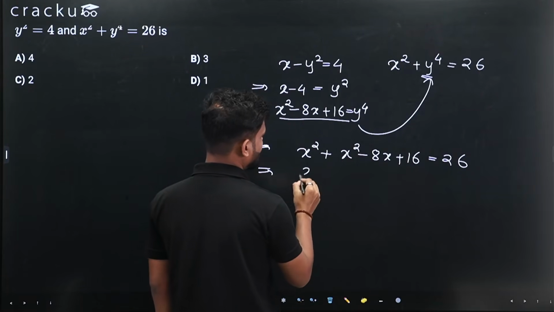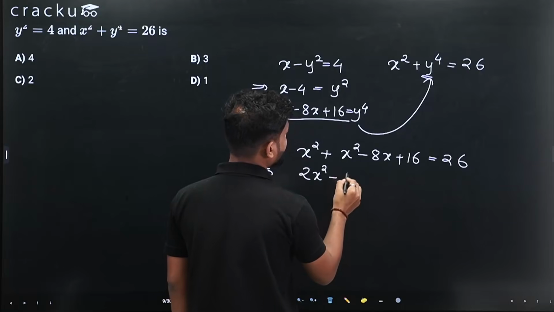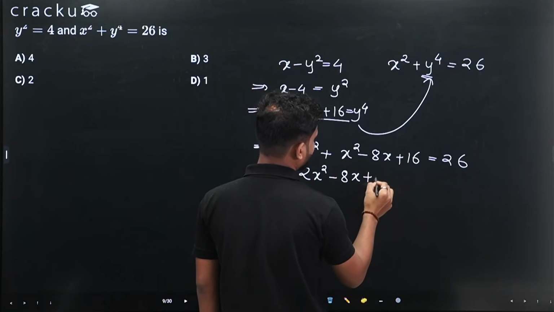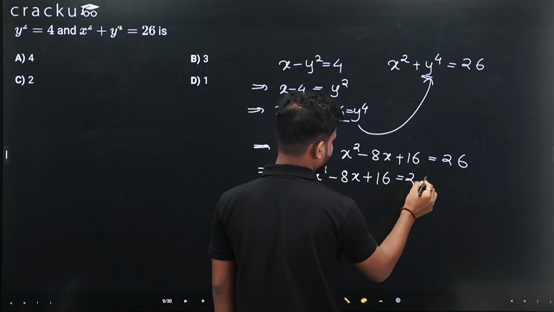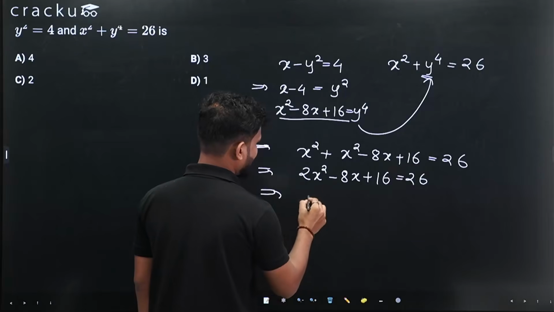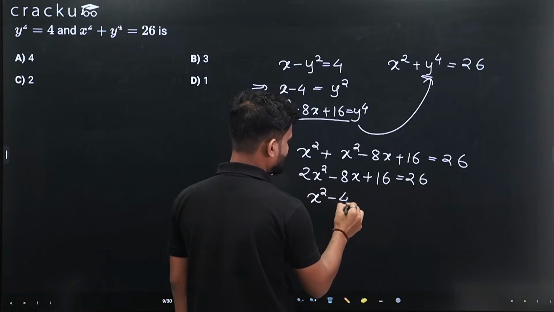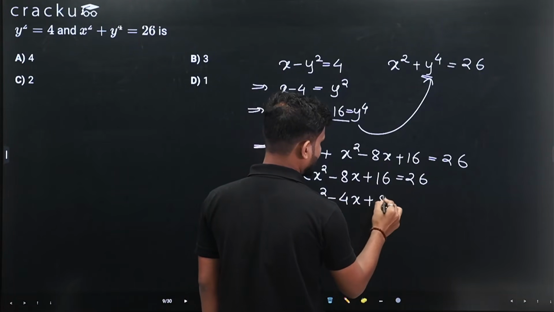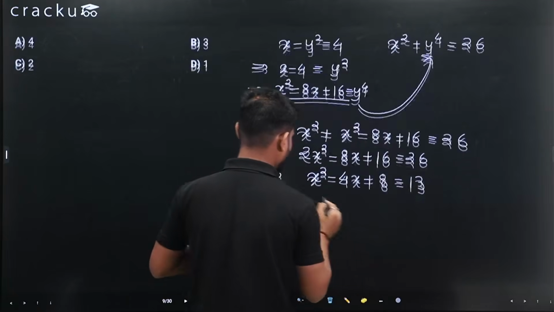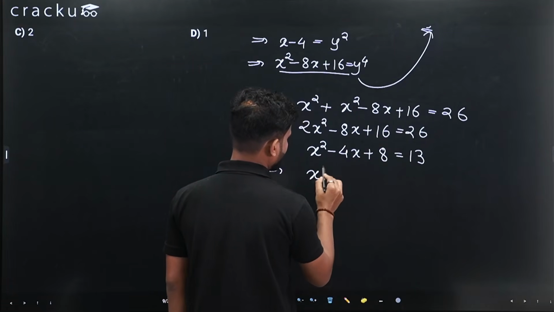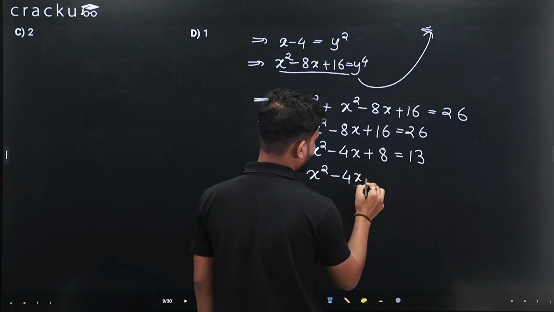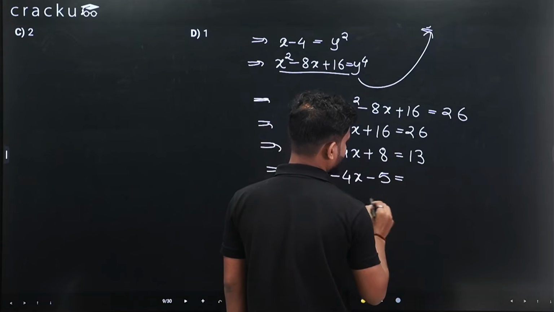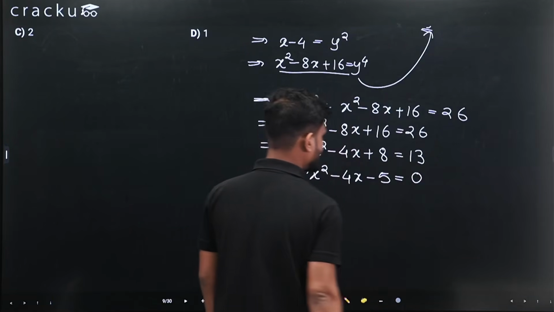From here you get 2x square minus 8x plus 16 is equal to 26, or x square minus 4x plus 8 is equal to 13, or x square minus 4x minus 5 is equal to 0.